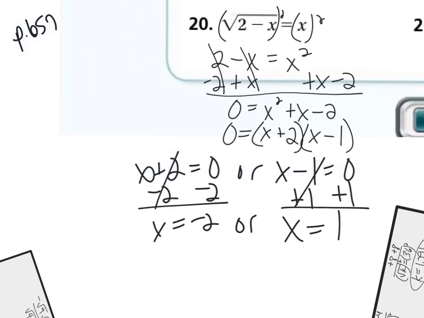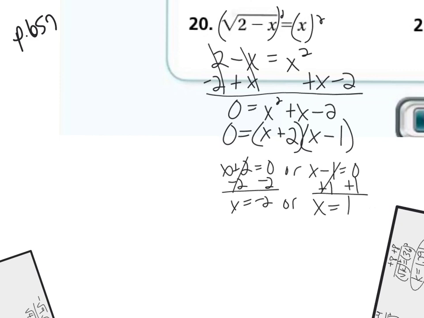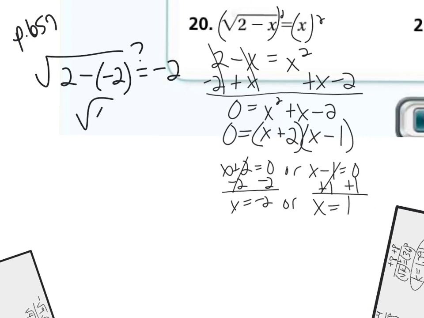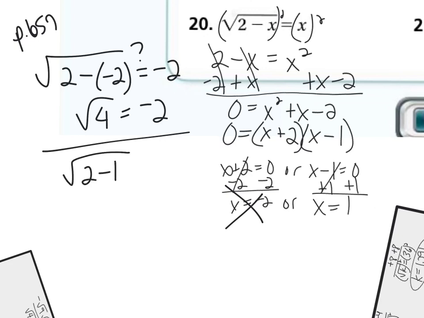Like I said, one of those is not going to work. Let's see which one it is. So if you do -2 for x, that would say square root of 4 equals -2. That doesn't work. So the other one hopefully works. If you put a 1 in, square root of 1 equals 1, that works. So x equals 1 would be our answer for that one.